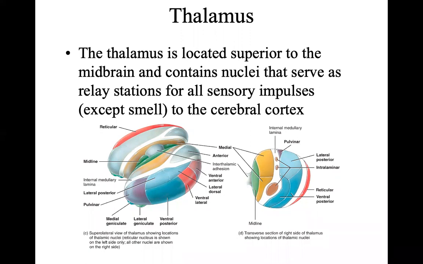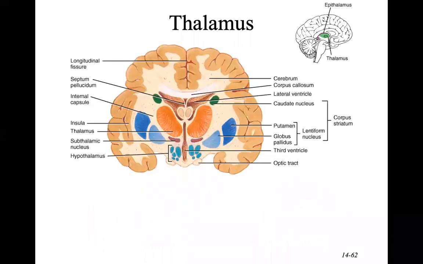So the thalamus is the relay station for all sensory input, whether it's seeing, hearing, or certain discomfort from different body parts, all of the sensory input except for the sense of smell.